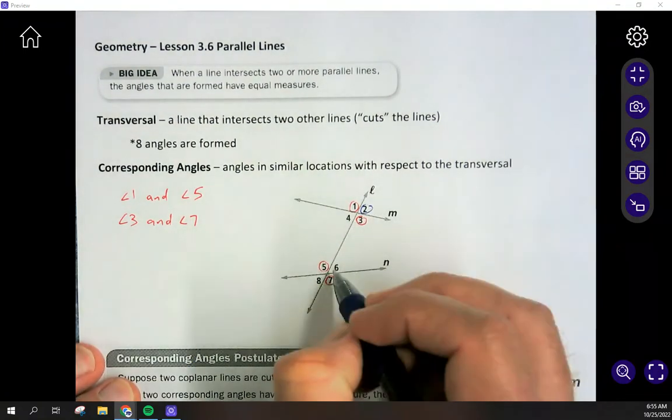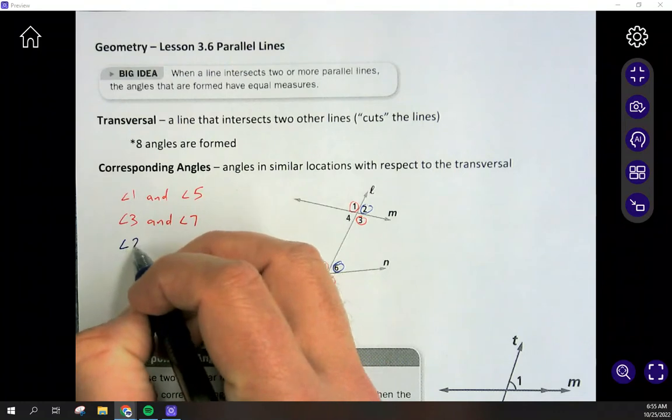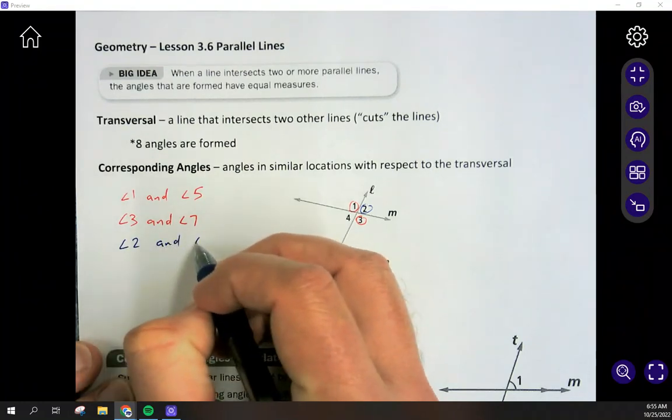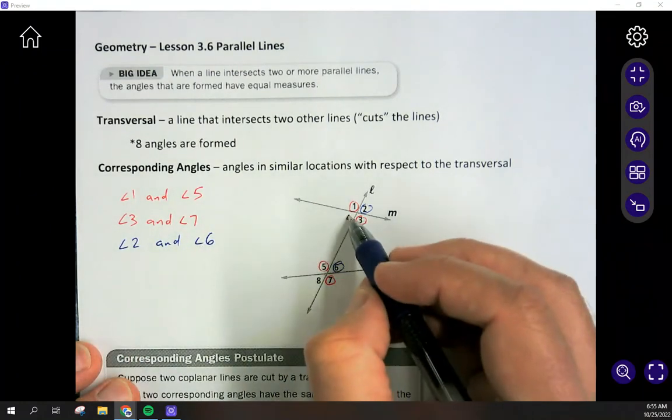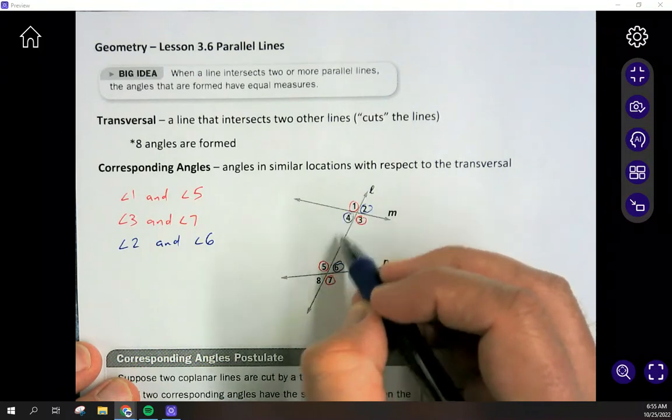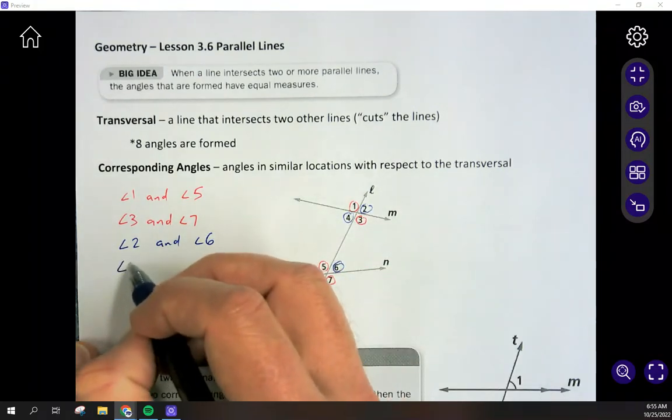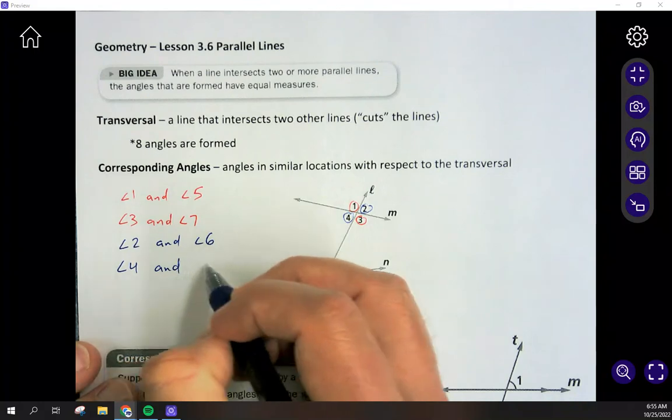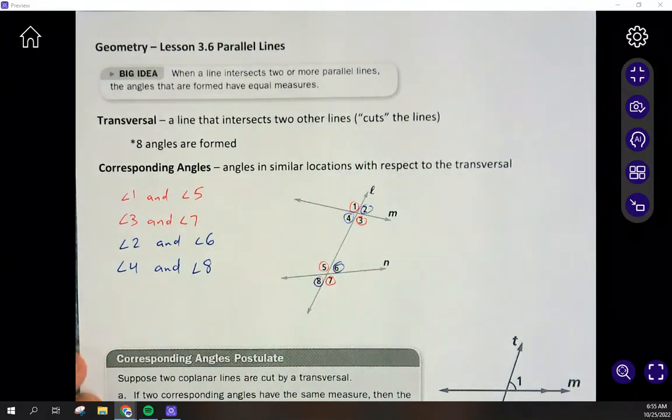We have 2 and 6. And in the bottom left of each one of these groups of 4, we have angle 4 and angle 8. All right, those are corresponding angles.